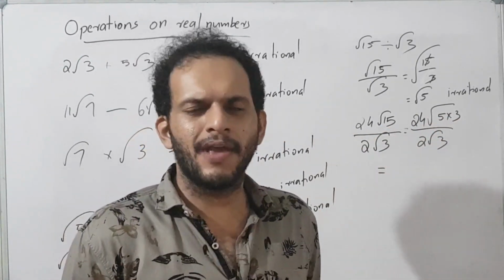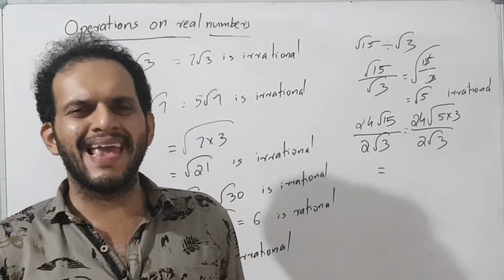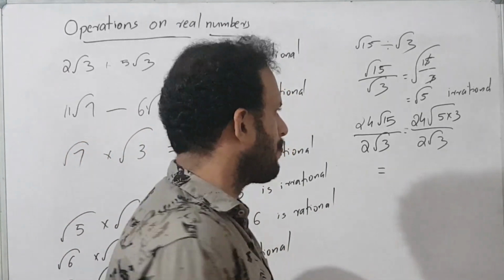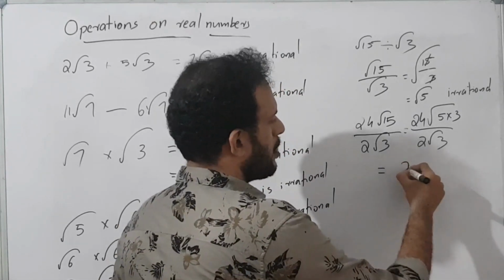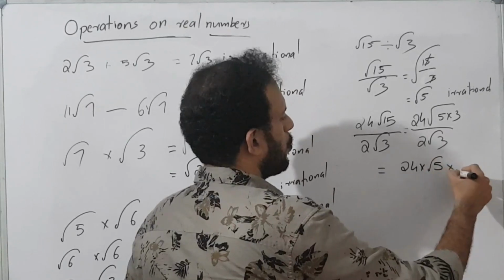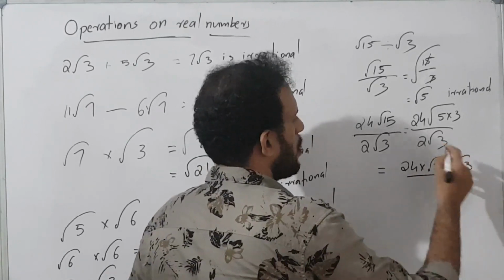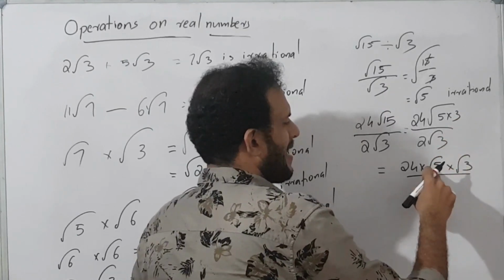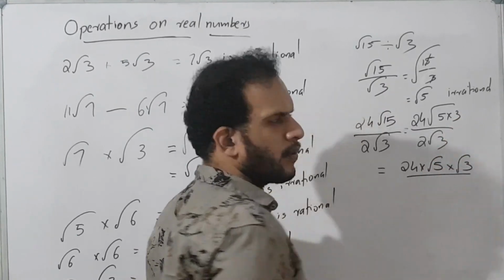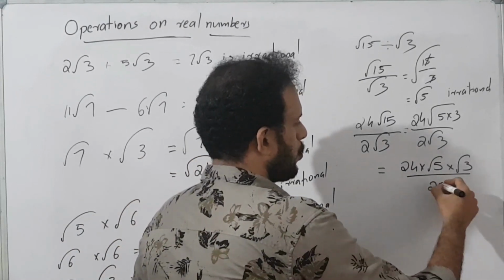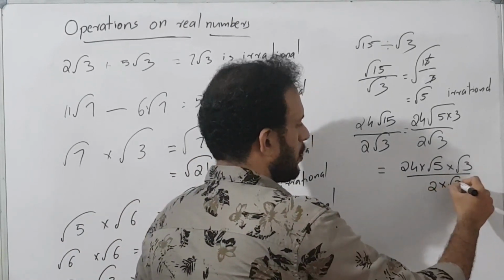Then how to write root of a into b? Root of a into b is equal to root a into root b. Then we write it like this: 24 into root 5 into root 3 by 2 root 3. 2 root 3 means 2 into root 3.